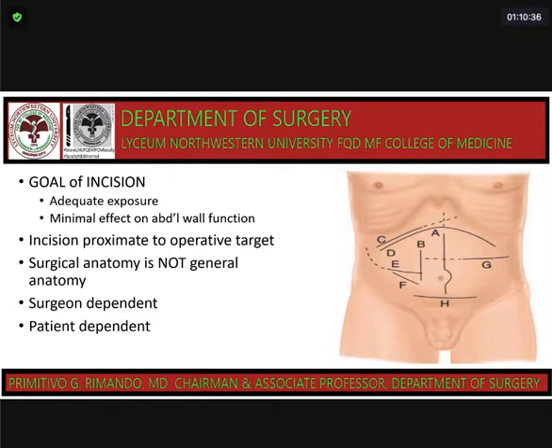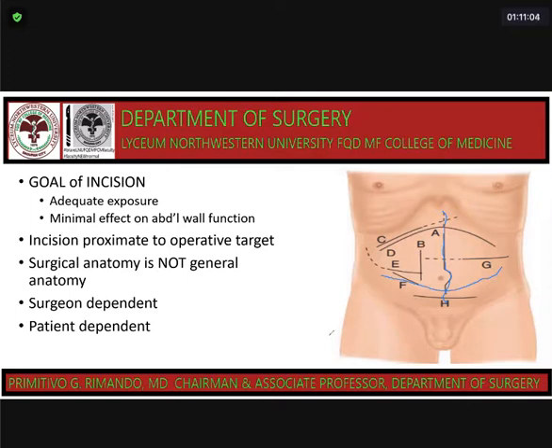Let me try to draw it. So before, if for example you have an appendectomy, they can explore up even for simple appendicitis, or they can do a very large horizontal incision like that, because they said before, never compromise exposure.